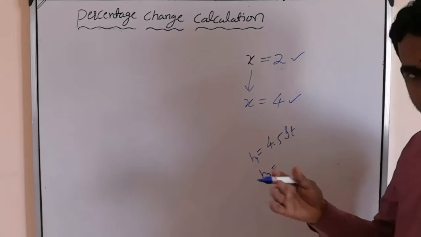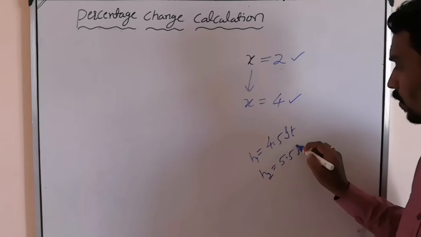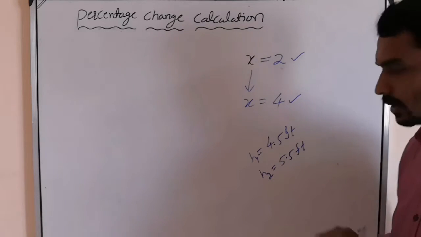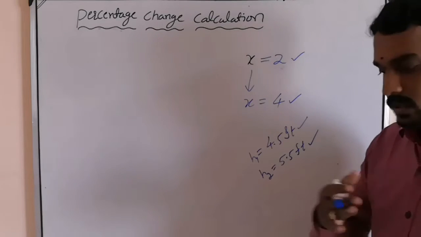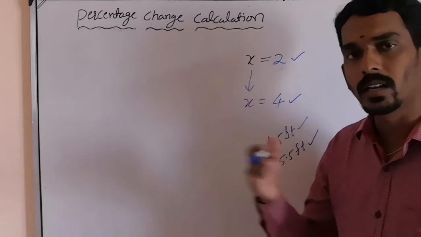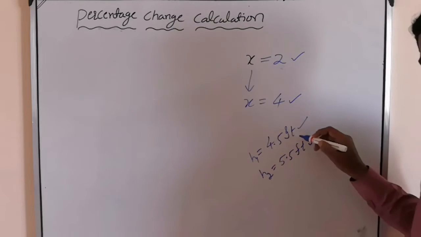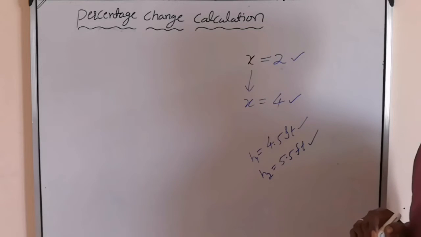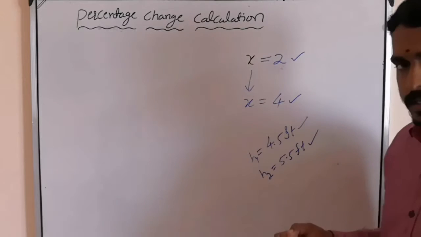And after some time your height became 5.5 foot. This is the initial height, this is the final height over a duration of time. Then the value got increased.